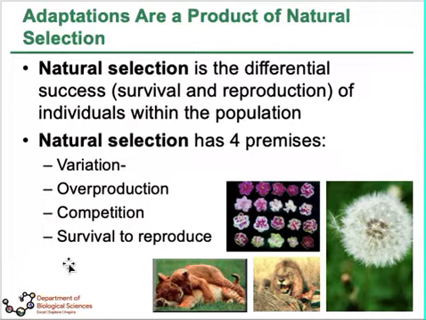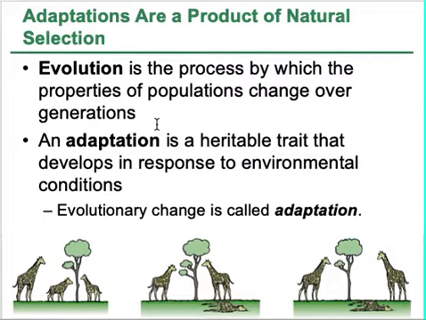So, those contributions are primarily centered on the advantageous genes that are being passed on to the next generation. So, there are four premises. You have variation, overproduction, competition, and survival to reproduce. Okay. So, in terms of evolution, evolution is the process by which the properties of the population change over generations or over a long period of time.